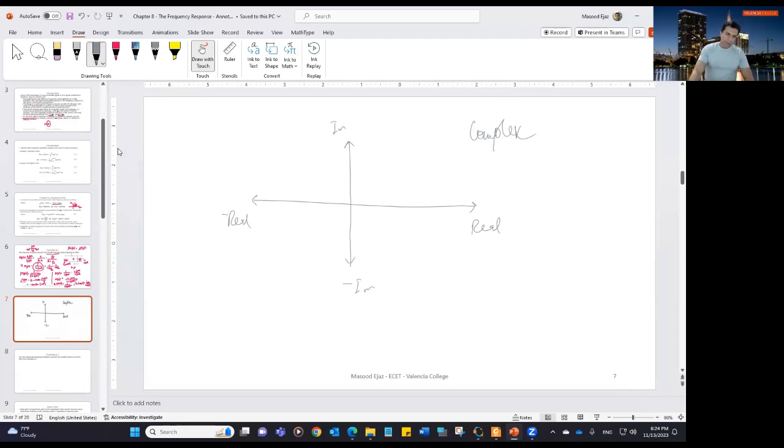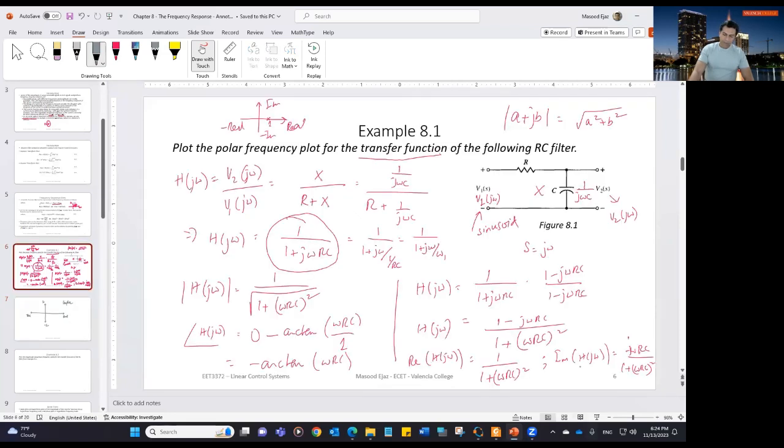Okay, if I go back and we discuss omega going from 0 to infinity, let's say, at omega equal to 0, what will be the value of the real part and the imaginary part?